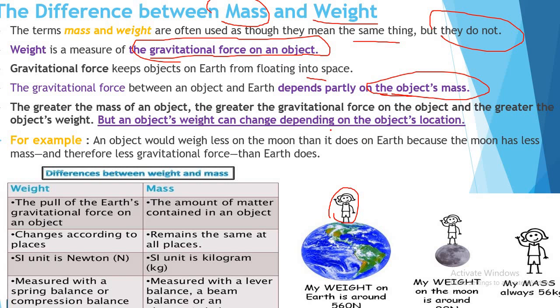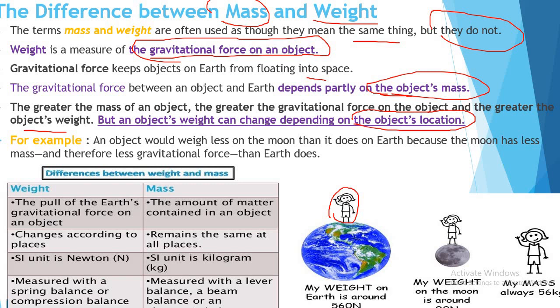If you have two objects, and the mass of the first is greater than the second, the gravitational force on the first is greater than on the second, and so the object's weight is greater. But an object's weight can change depending on its location, while mass does not.